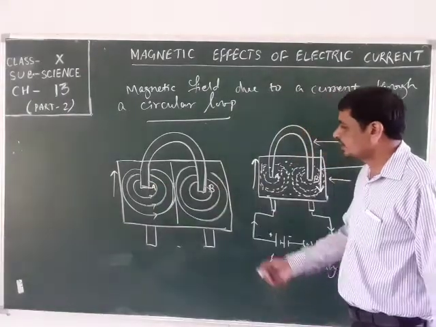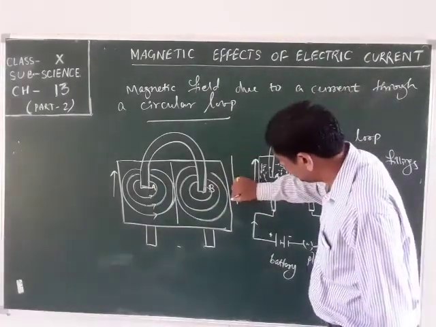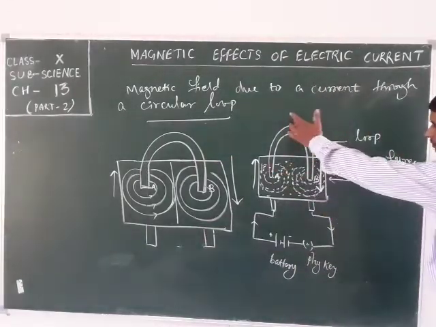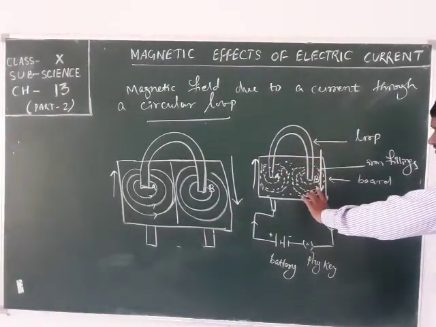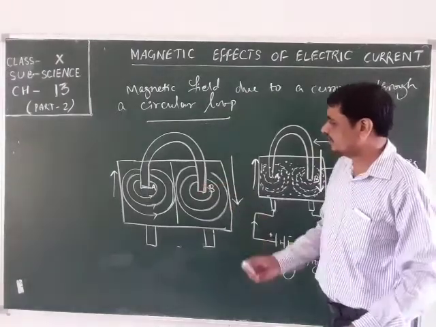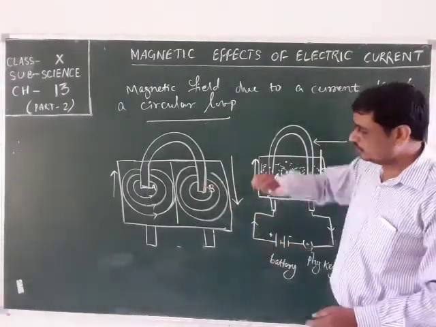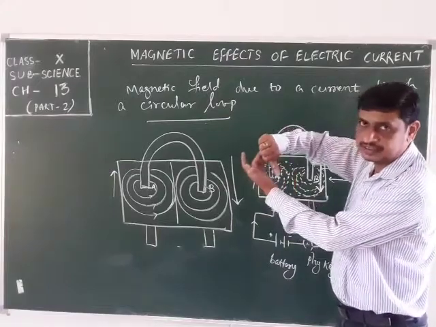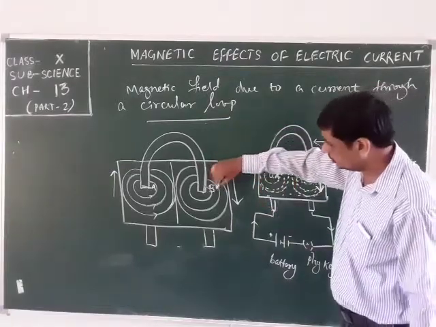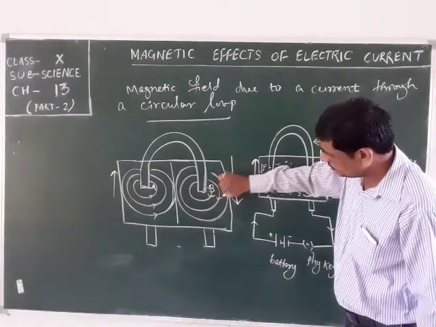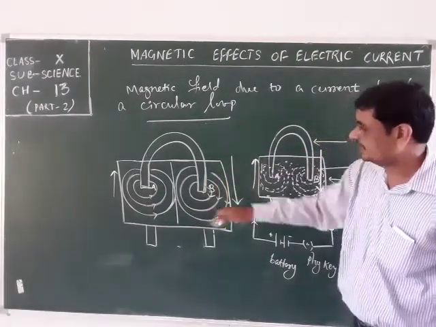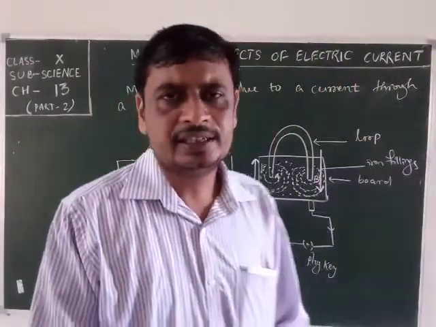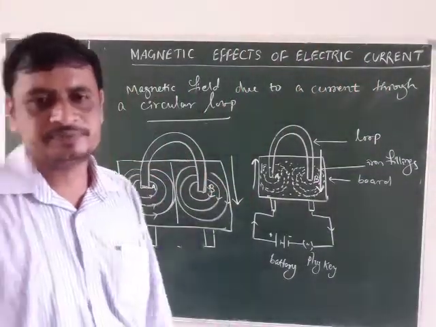But here, current is flowing in downward direction, that is top to bottom. According to the right hand thumb rule, this is the direction of current, and the curling of the other fingers is in clockwise direction. So, field lines will move clockwise. In this way, we can find the direction of field lines.